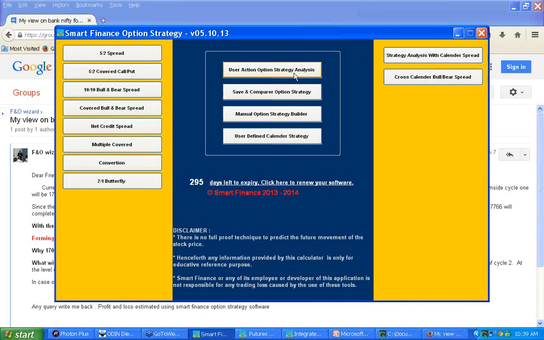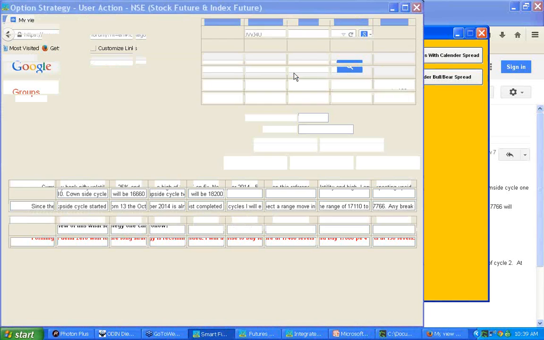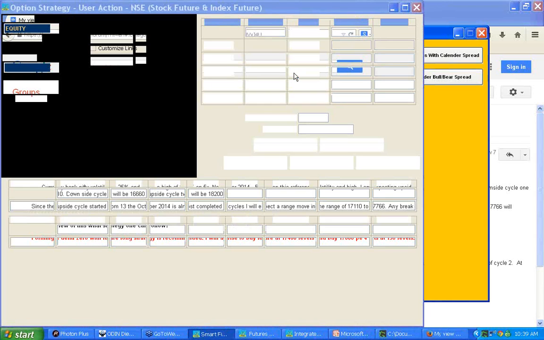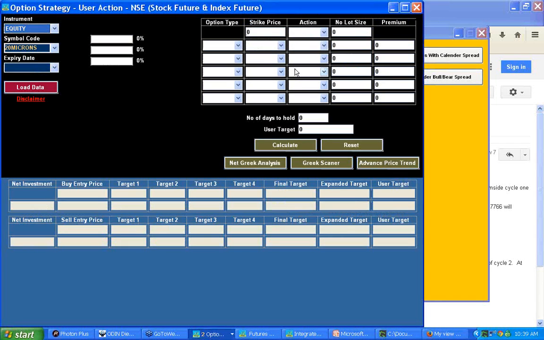This is the option strategy tool for the Nifty. You need to remember 2-3 things. Understand the option Greeks. What is delta? For each 1% change in the future price, how much percentage change is going to come in the option premium? That is your delta.